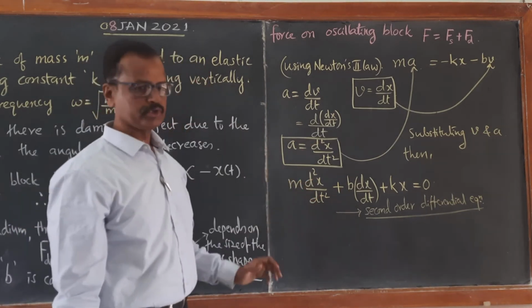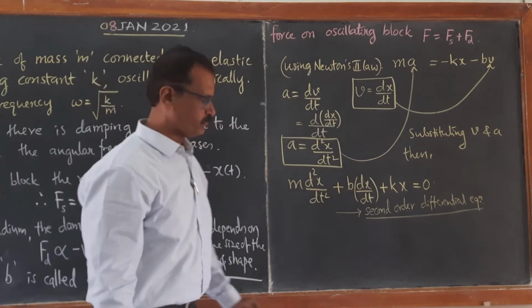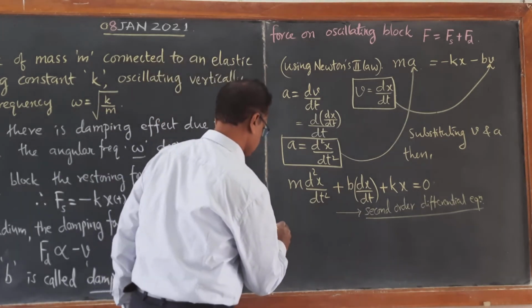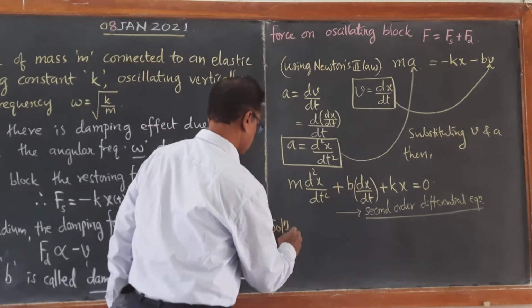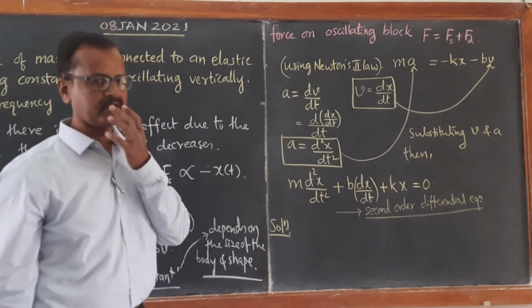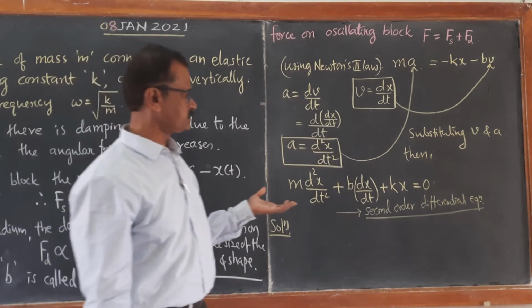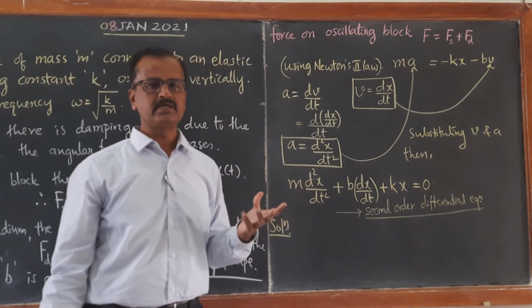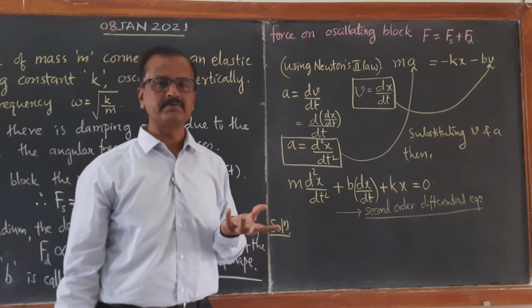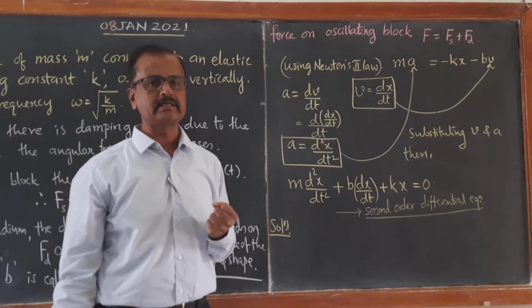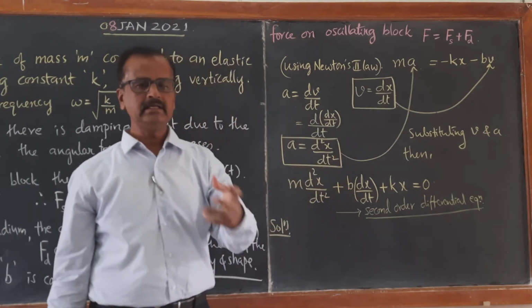So this has a solution for x. The solution of such second order, first order, third order and nth order differential equations, you are going to learn in the higher classes. Now we are taking the solution directly.